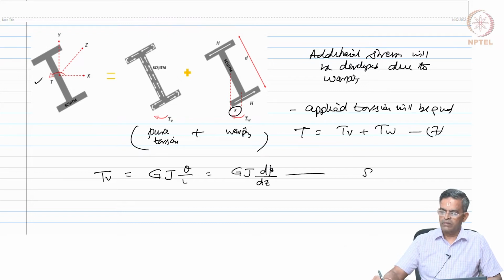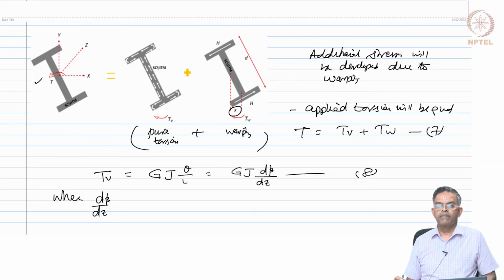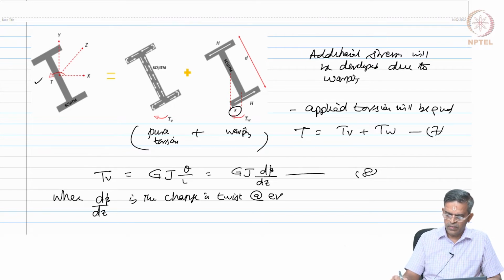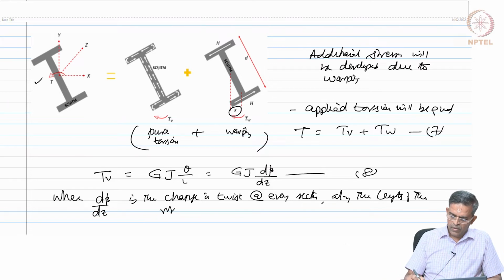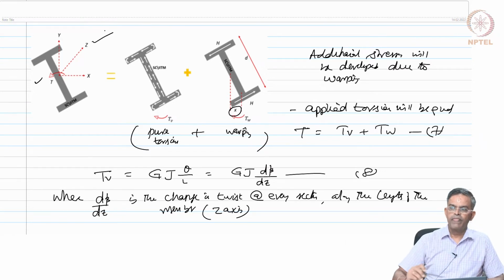We call this equation number 8, where d beta by dz is the change in twist at every section along the length of the member. In the figure, you can easily see the length of the member is measured along the z axis. Am I right? See here.